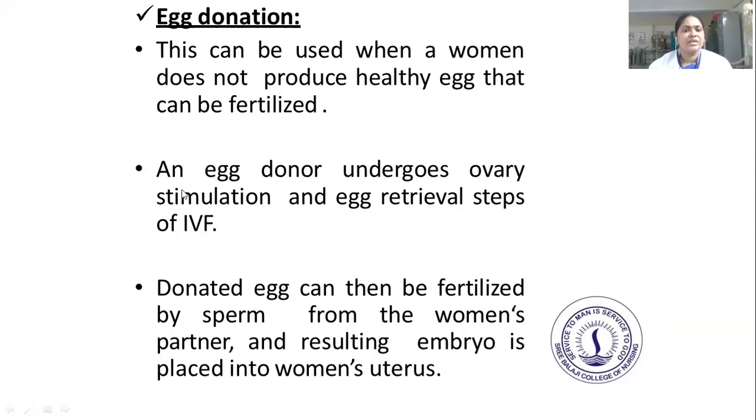So here, if the woman is not able to produce a healthy amount of eggs, then they'll go with egg donation. They will stimulate the ovary and retrieve the eggs, and then use them in in vitro fertilization. The donated egg can then be fertilized by the sperm from the woman's partner, and the resulting embryo is placed in the woman's uterus.